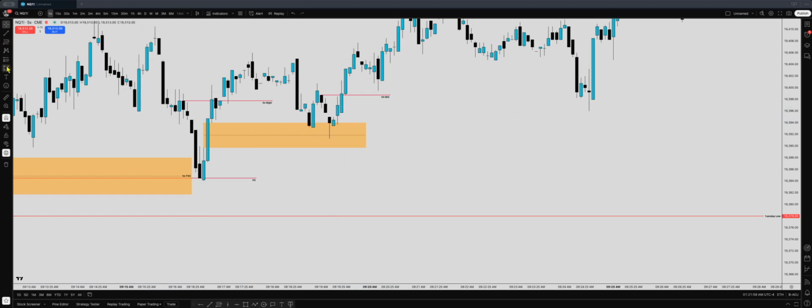This one doesn't quite leave, I mean, it leaves a very small fair value gap right here. But the more obvious one is the inverse. There you go. Inverse 5-second fair value gap.